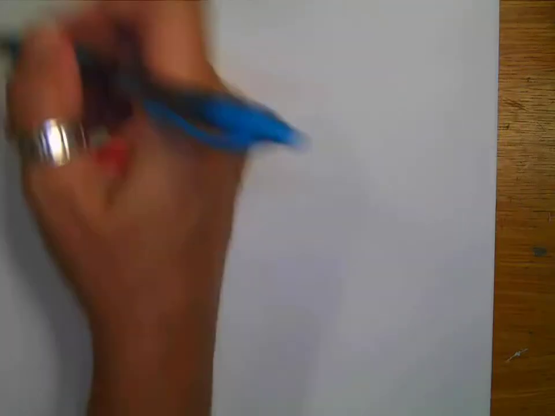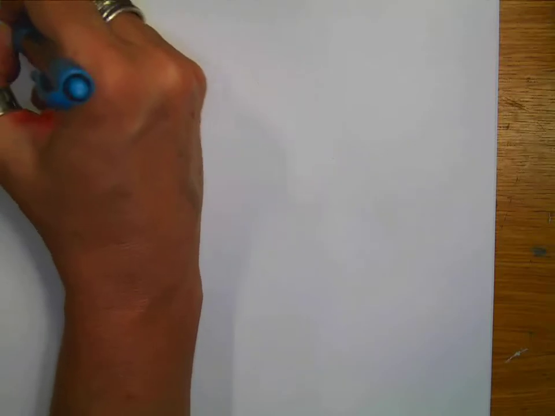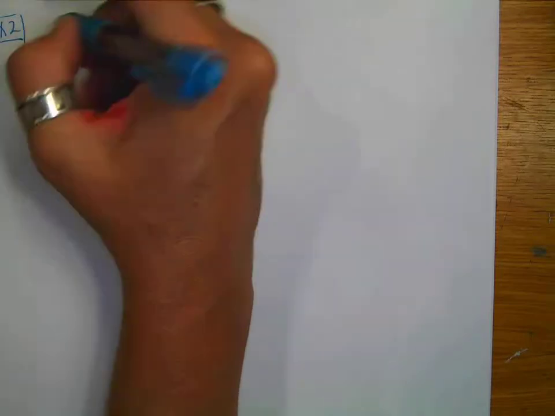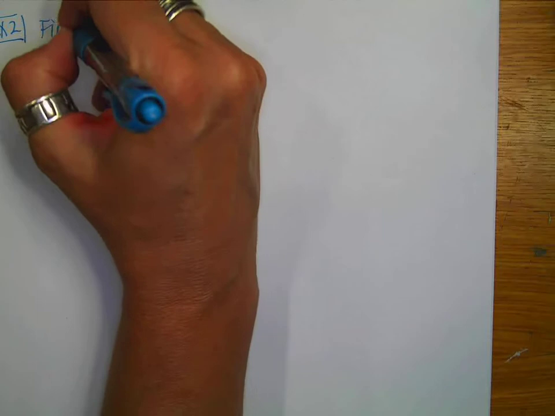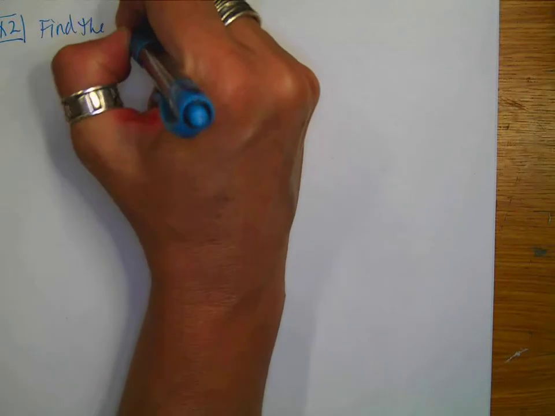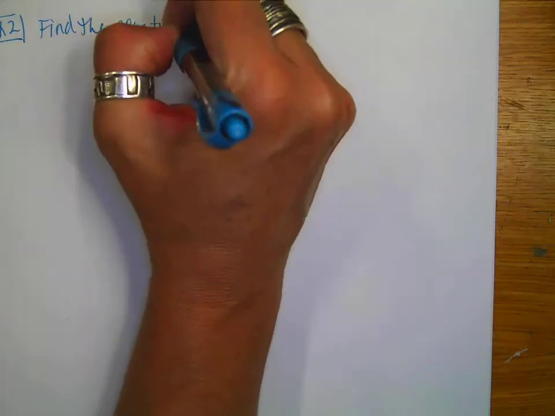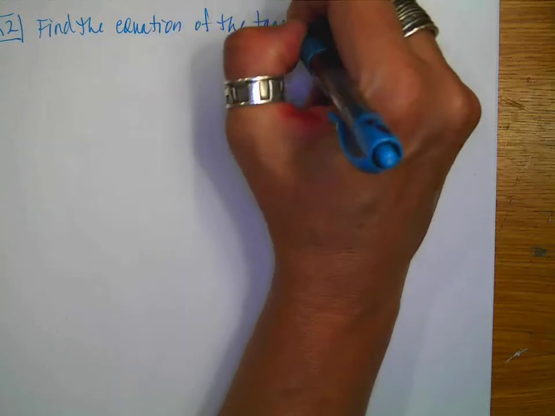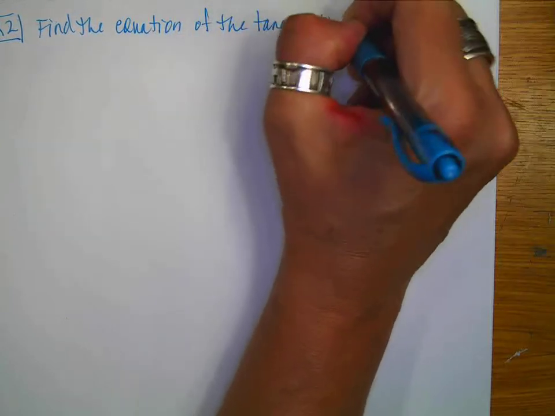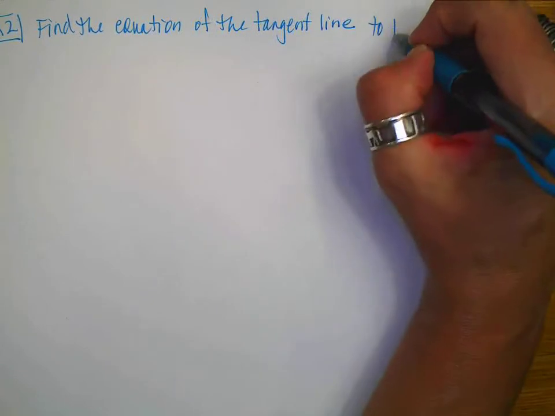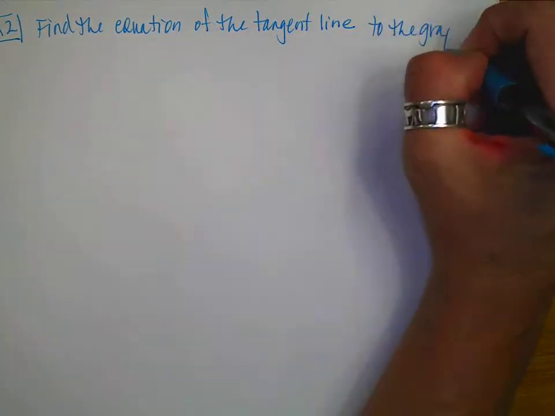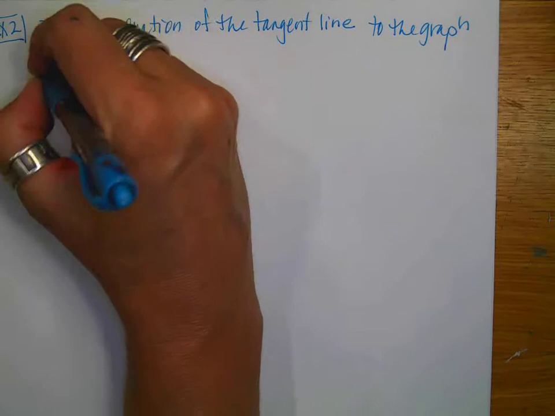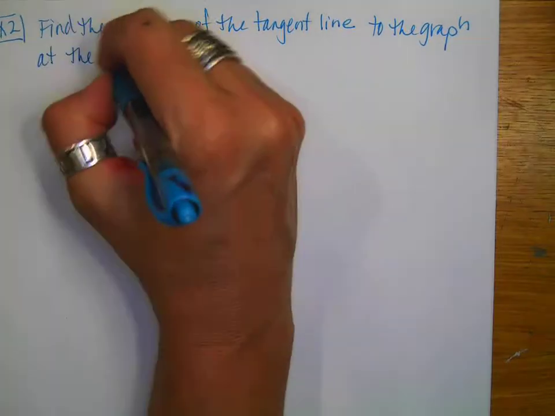All right, only 2 examples today. For example 2, it says find the equation of the tangent line to the graph at the given point.